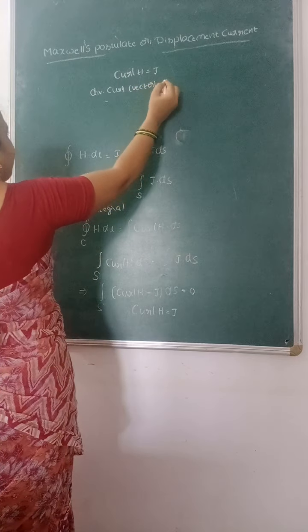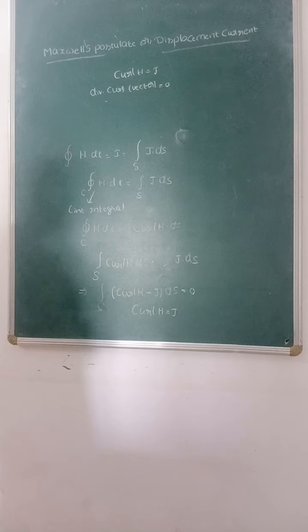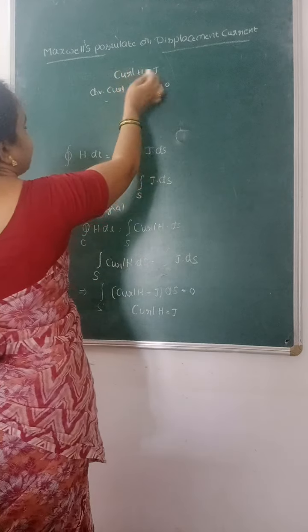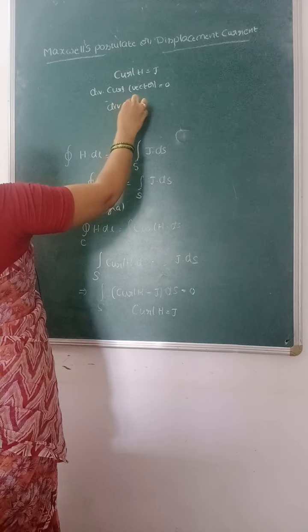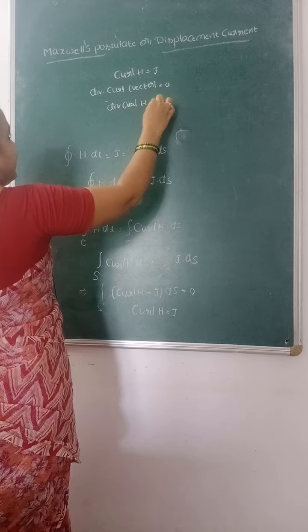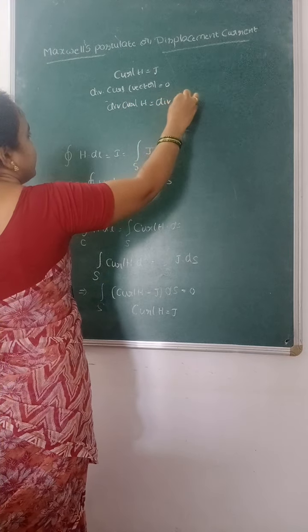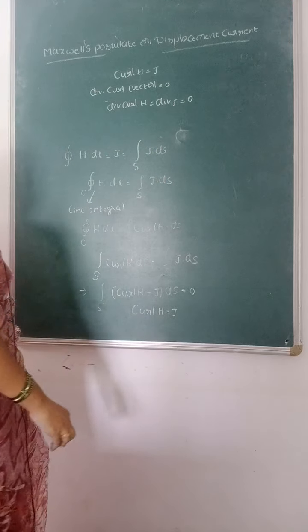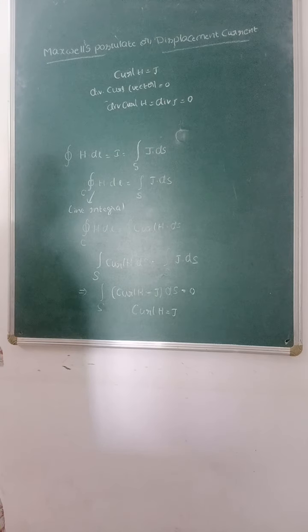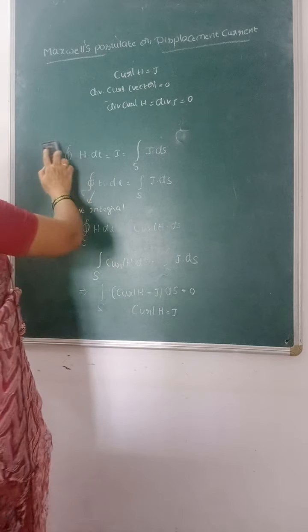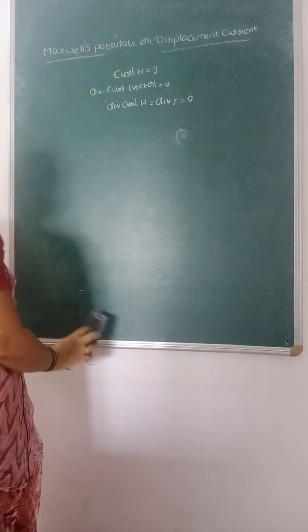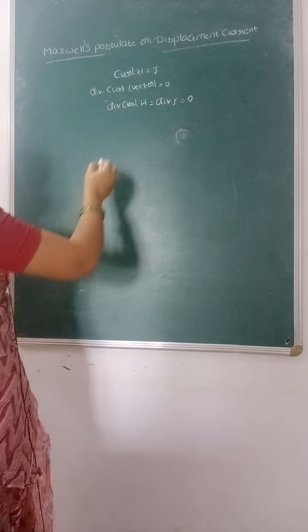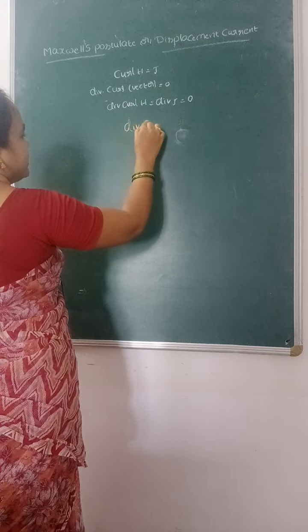So if we apply the divergence on both sides, then divergence of curl of H is equal to divergence of J, which is equal to 0, because the divergence of the curl of any vector is equal to 0. Divergence of curl of H is equal to 0 means divergence of J is equal to 0.